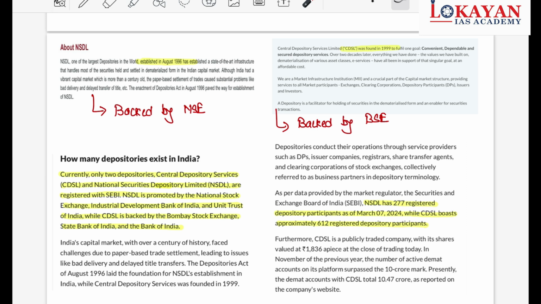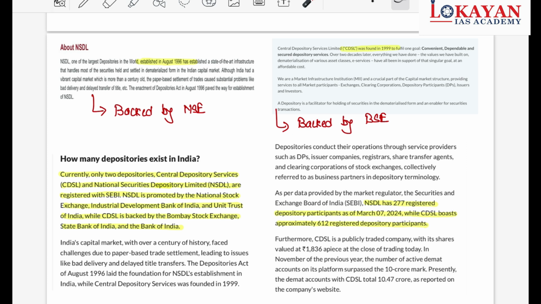Currently there are only two depositories, as we discussed. See the number of participants: NSDL has 277 registered depository participants and CDSL has 612. Understand the meaning of depositories.